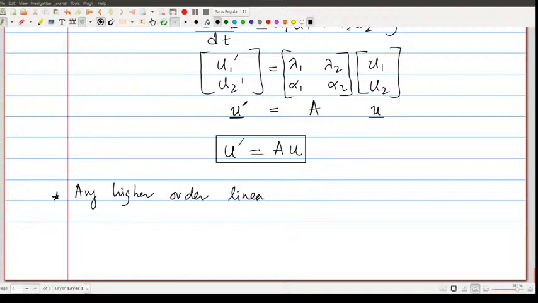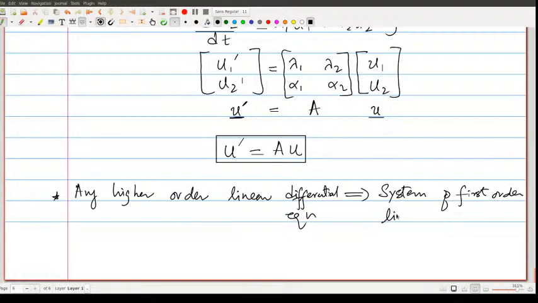Any higher order linear differential equation can be converted into a system of first order linear differential equations.